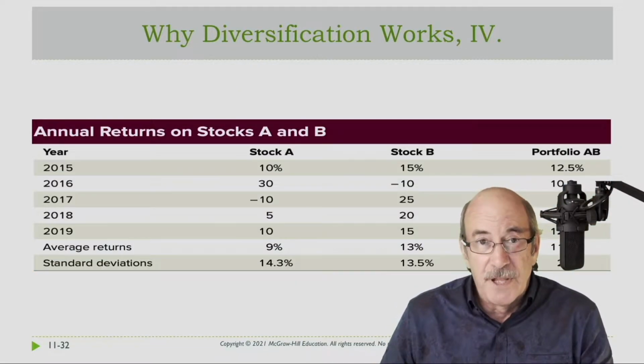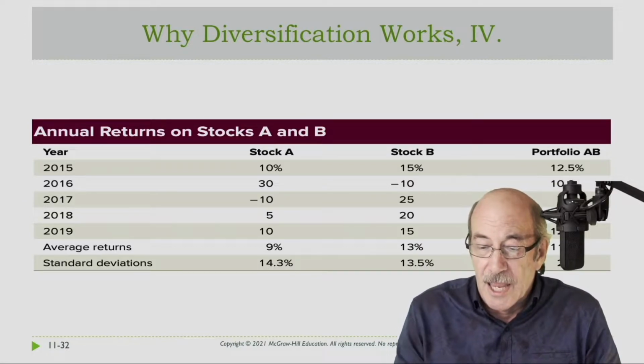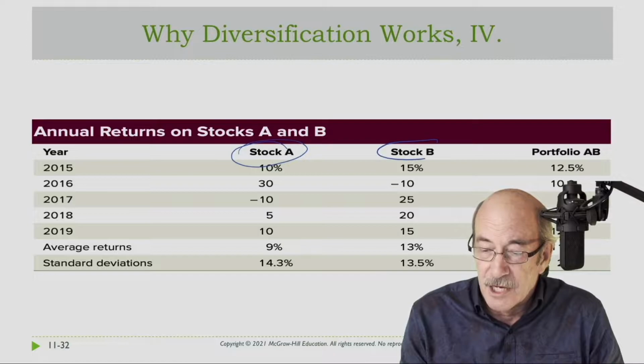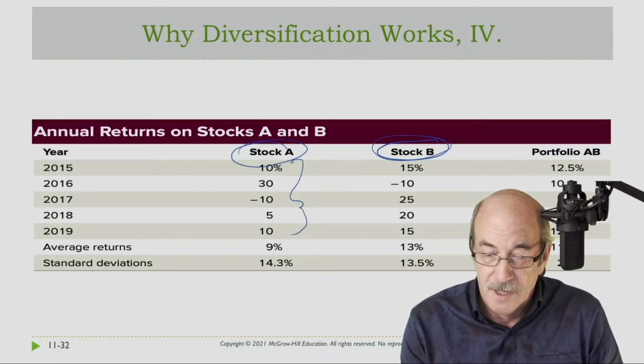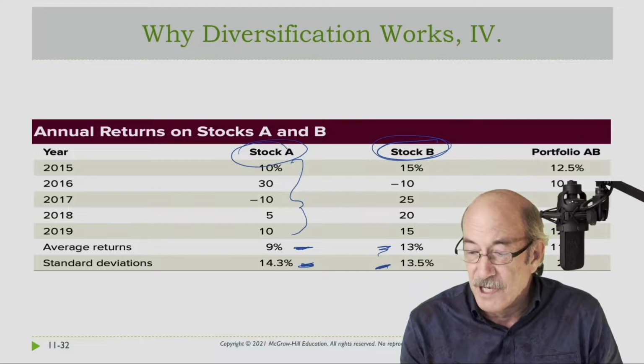Now, if we start applying this to two securities, we've got stock A and stock B. We've got some returns, and we've calculated an average return and a standard deviation for each of these guys.